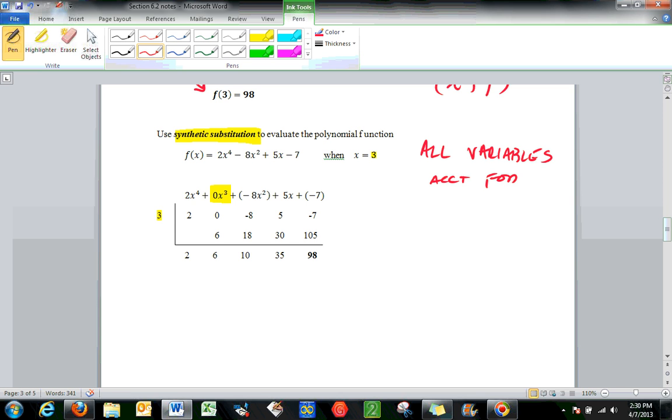So we have to account for that. And so then we're going to take the coefficient for each variable out of the polynomial function. You can see it gives me a 2, a 0, a -8, a 5, and a -7. So I'm just going to show you how this looks when you first start without all the numbers in it.